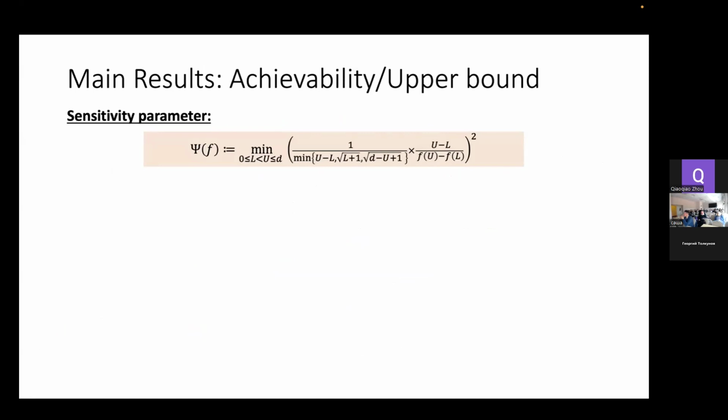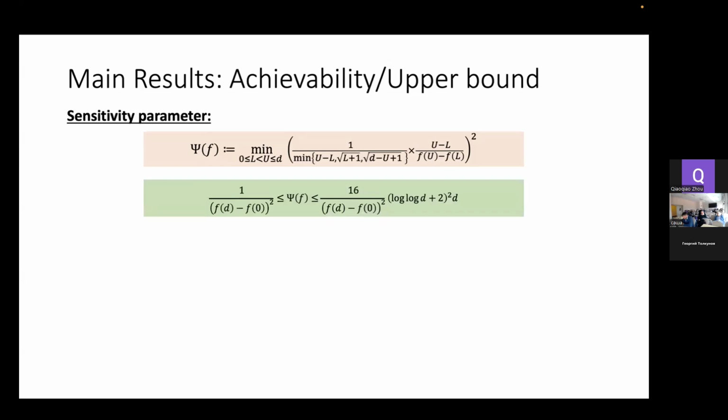upper bound. In order to present our upper bound, we will introduce a sensitivity parameter. Since this parameter is a description of your function, it mainly describes the shape of your monotone function.